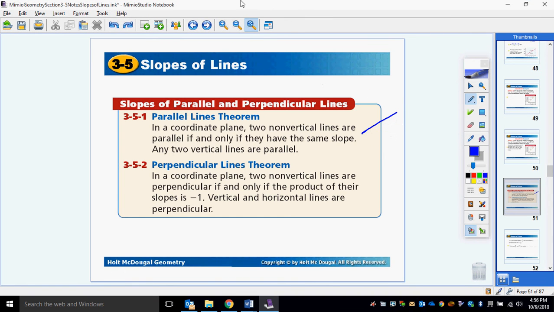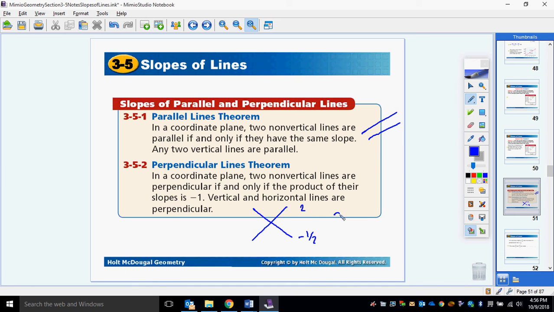Okay, the next one, the perpendicular lines theorem, says 2 lines are perpendicular if and only if the product of their slopes is -1. So what that's saying is if I get a slope here of, let's just say 2 to make it easy, and I get a slope here of -1/2.